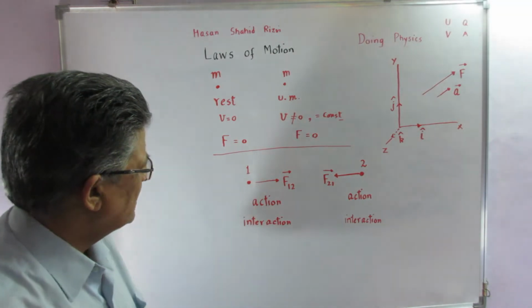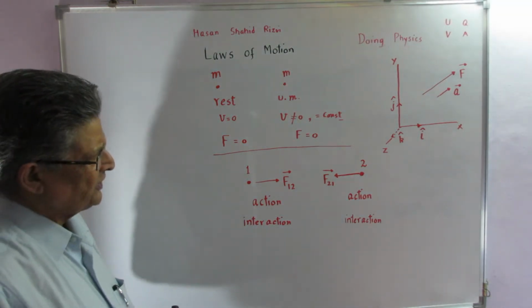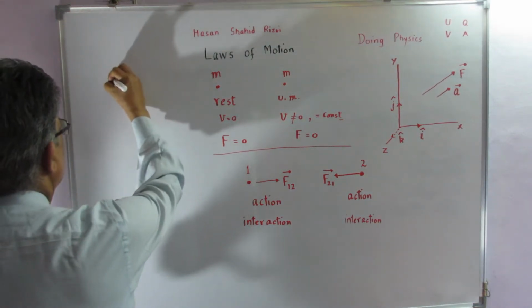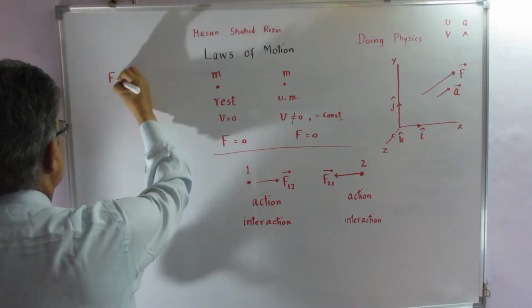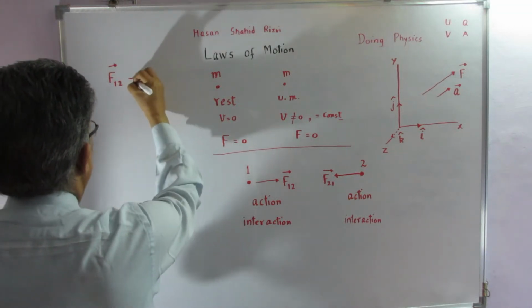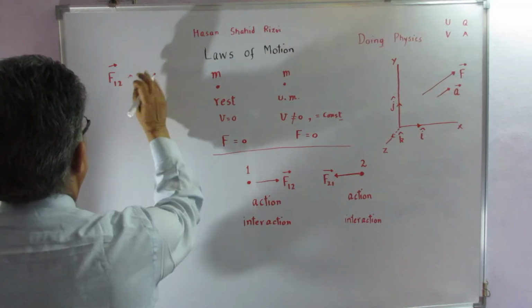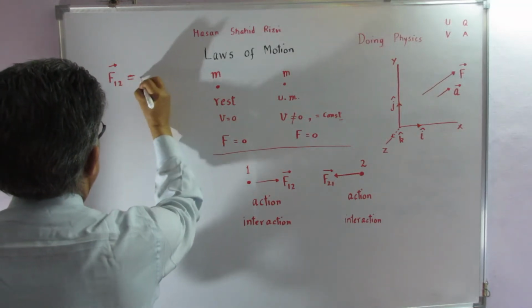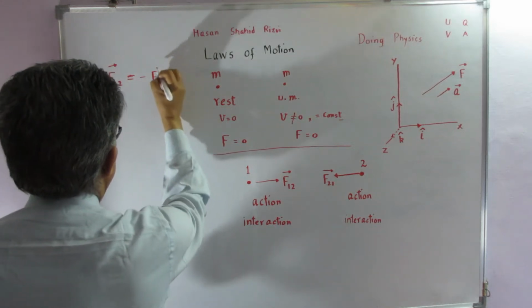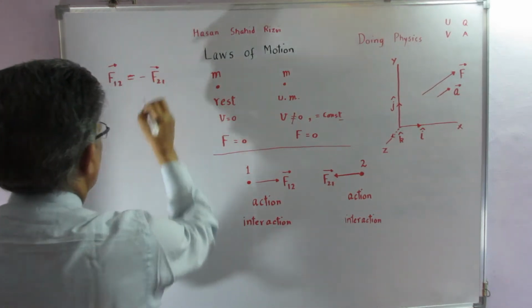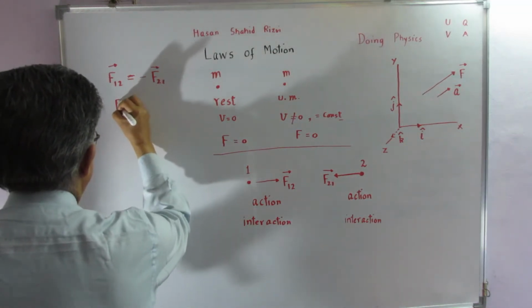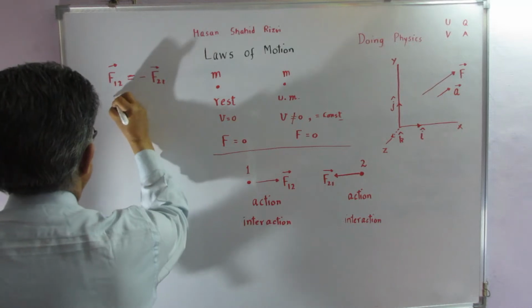So what happens is very simple, and we can write that this is the statement of the third law: F12 is equal to minus F21. The force on body 1 due to body 2 is equal in magnitude to the force on body 2 due to body 1.